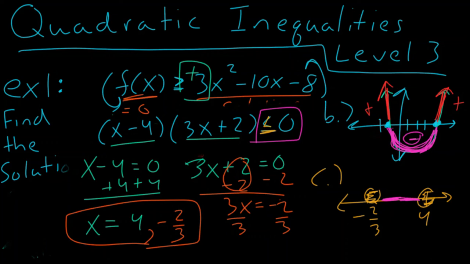And if you'll recall, when our solutions are in between these two numbers, we just write our x value in between those two numbers. So we say our solution is negative 2/3 is less than or equal to x is less than or equal to 4.